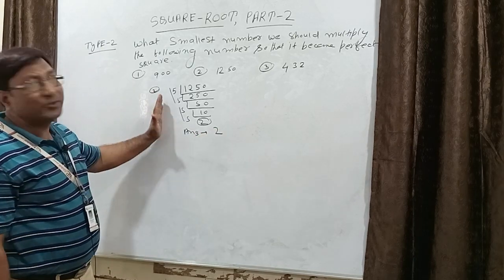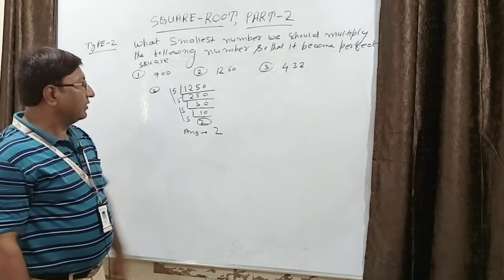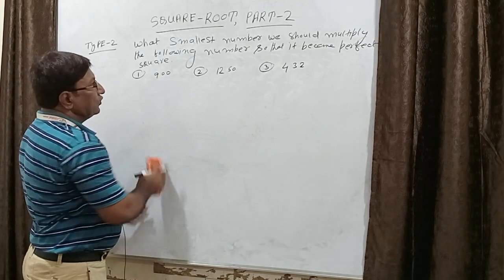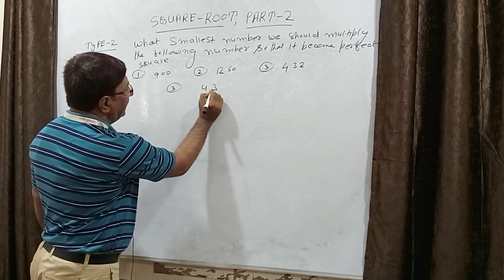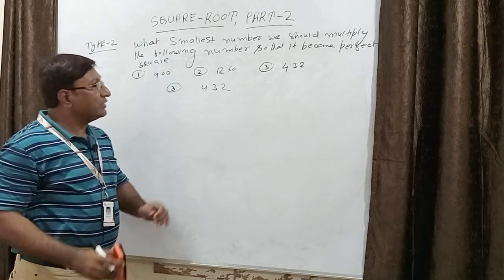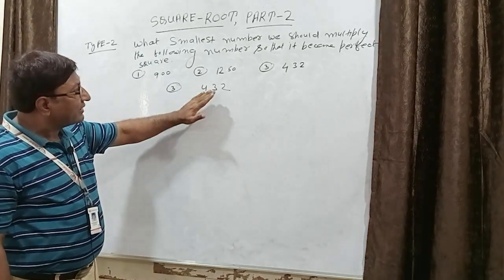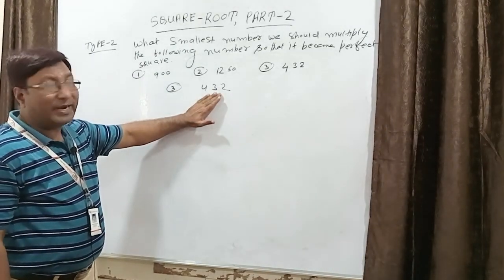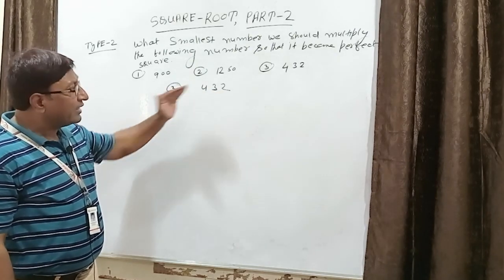This is question number 2. Now we are solving question number 3. Question 3 is again 432. And my question is: what is the smallest number we multiply this given number by so that it becomes a perfect square. The technique is to make factors.